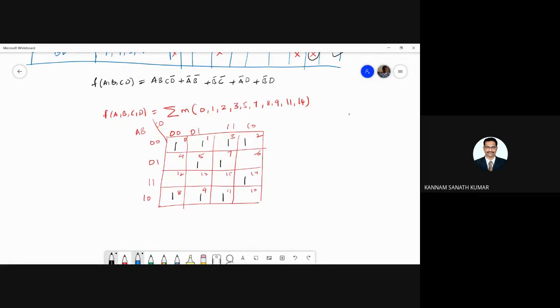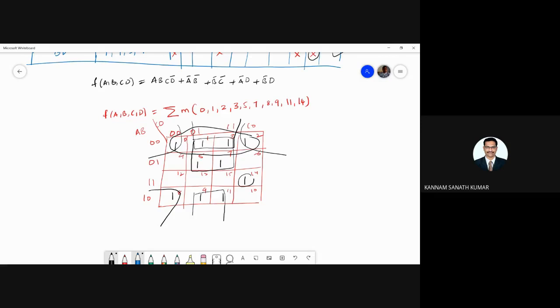Okay, so this is one quad, this is one quad, and this is also one quad. Okay, and this is one quad. Okay, and this is one more quad, adjacent ones, not adjacent things.